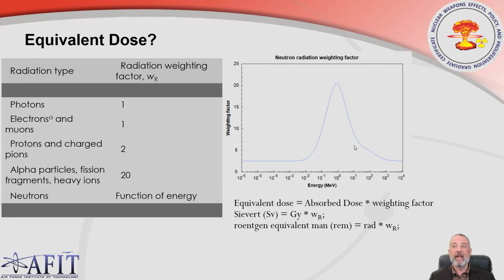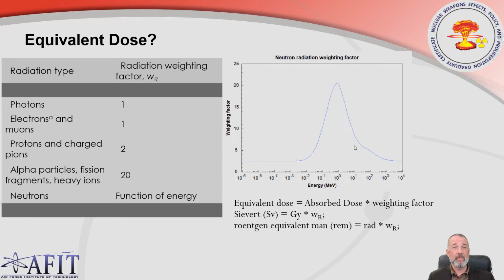Here it's called a radiation weighting factor, and this is from the ICRP, International Commission on Radiological Protection. I'm pretty sure that's what this is. It's just a measure of how the different types of radiation compare to each other when we're talking about damage being imparted. So if we look at photons, these are our gammas and X-rays, the radiation weighting factor is 1.